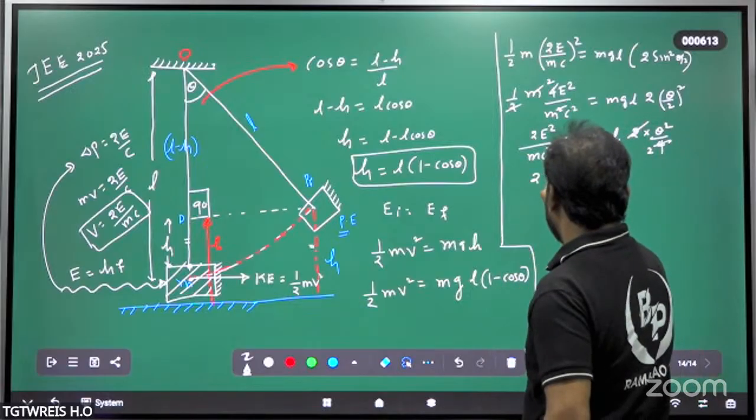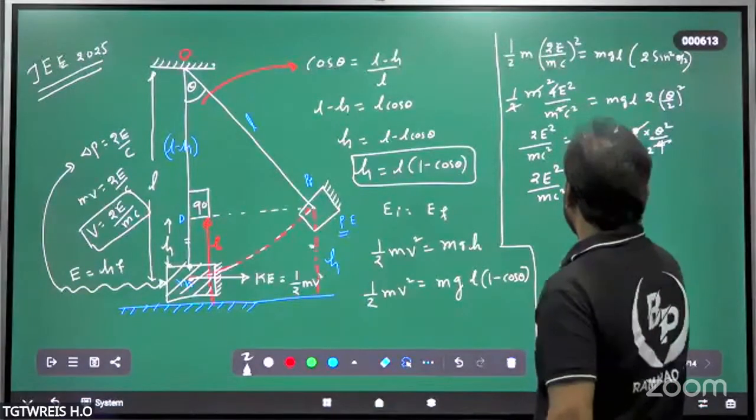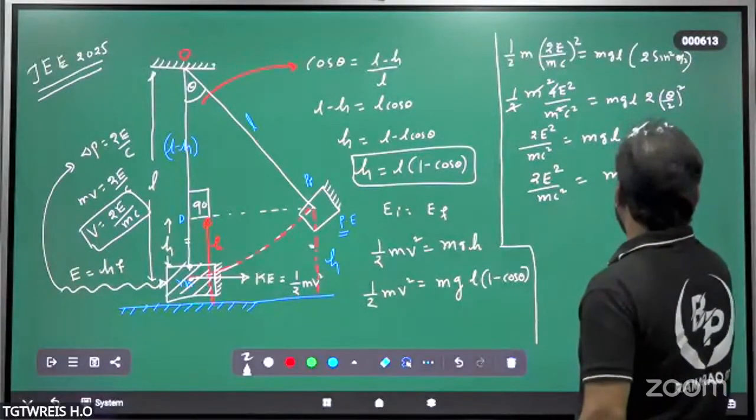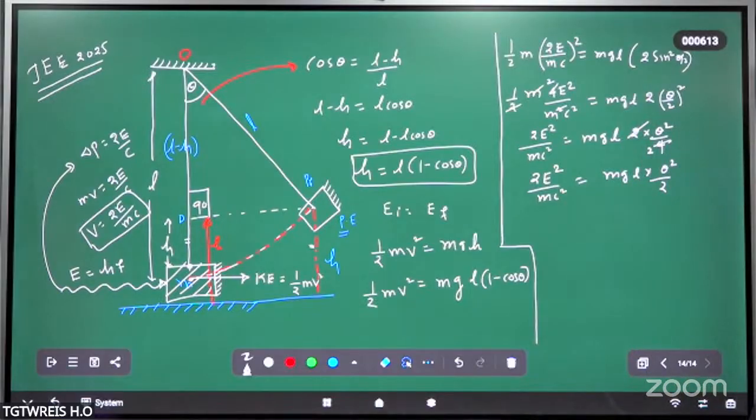That is 2E square upon mc square is equal to mgl into theta square by 2. We have to calculate the value of theta here, beta. How will we calculate the value of theta?